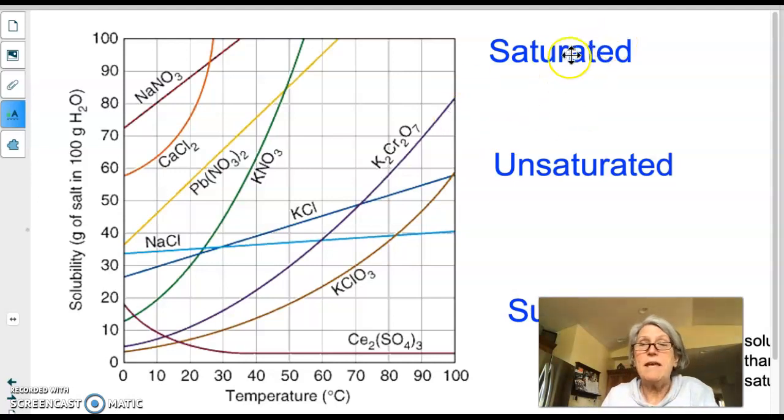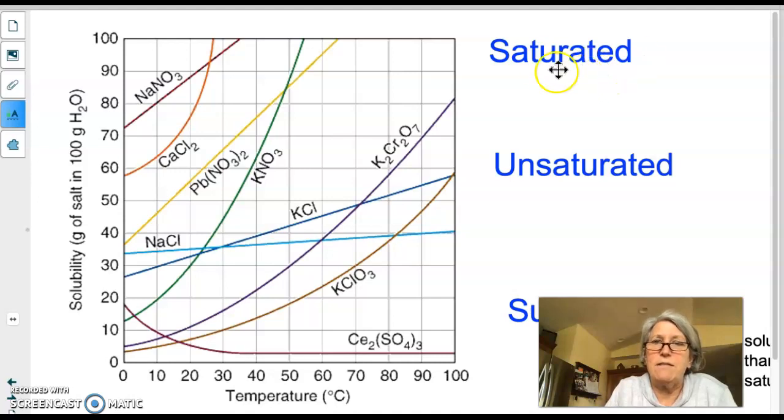So a saturated solution is really a point of the maximum amount of solute that can be held in the solvent at a given temperature.